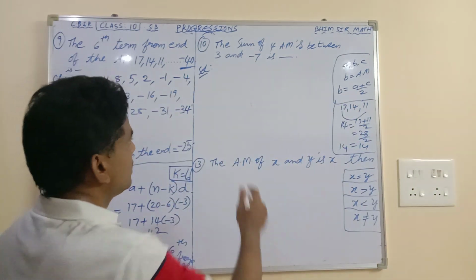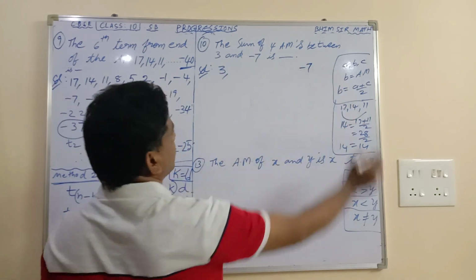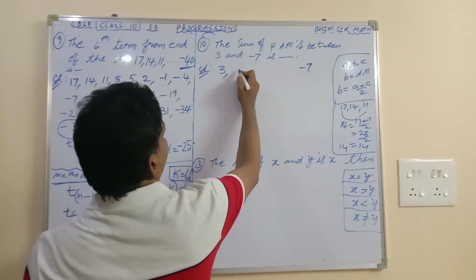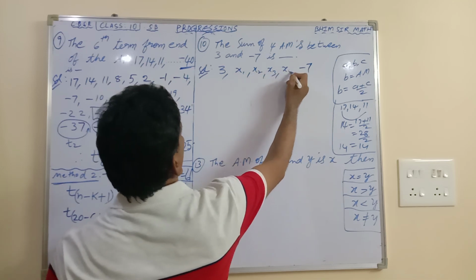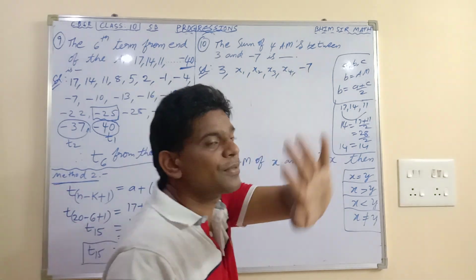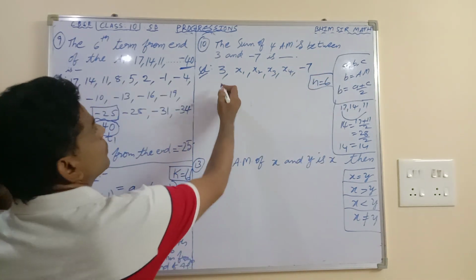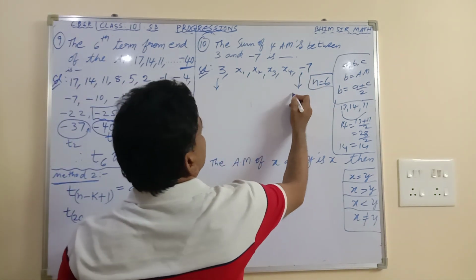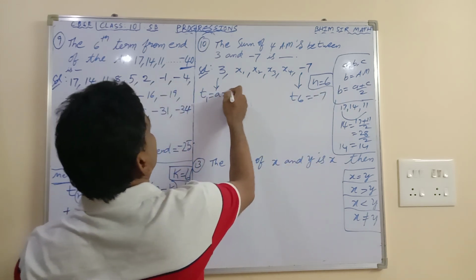In this question, the sum of 4 AMs between 3 and -7. How many are there? 4 terms are there. Let them be x1, x2, x3, x4. So totally how many are there? 1, 2, 3, 4, 5, 6 terms. Here n is equal to 6. So indirectly, T6 is given as -7, and T1, A, is 3.